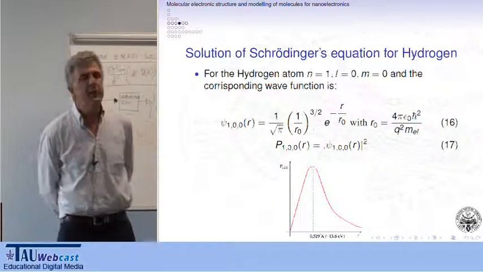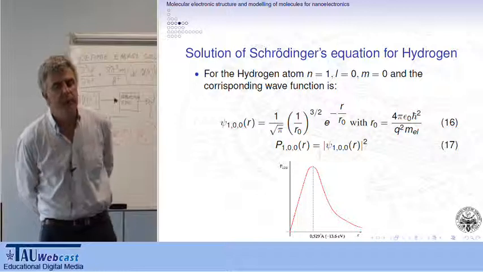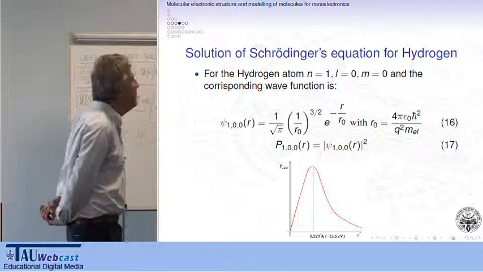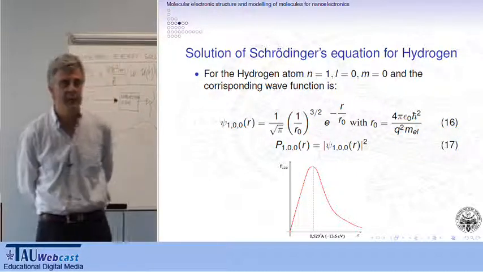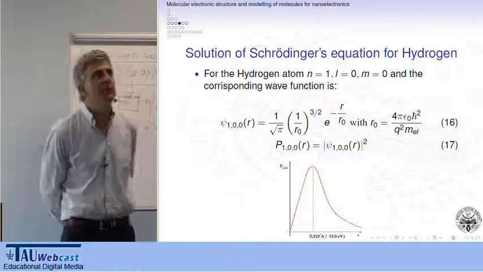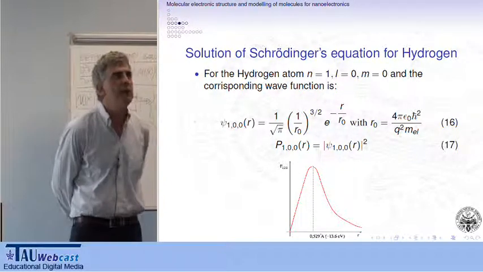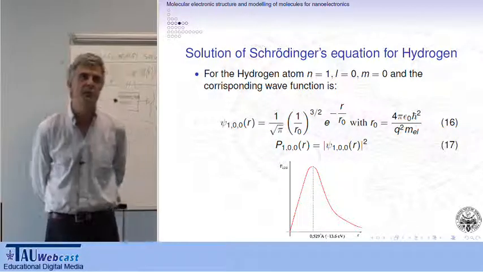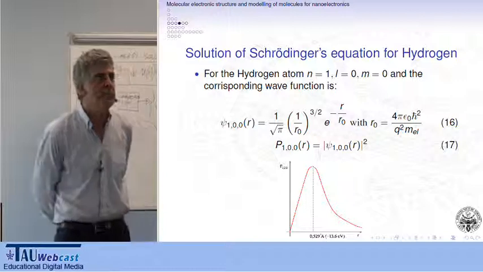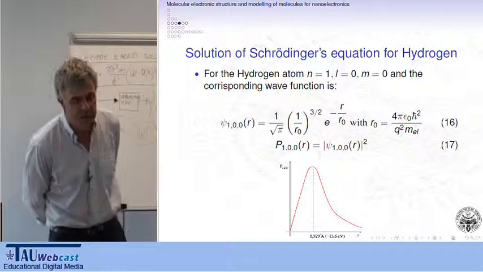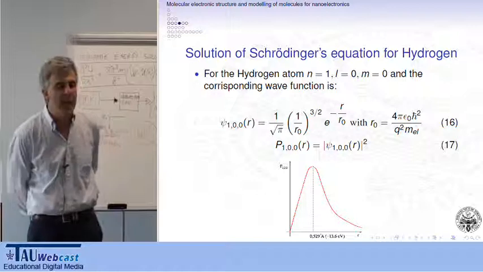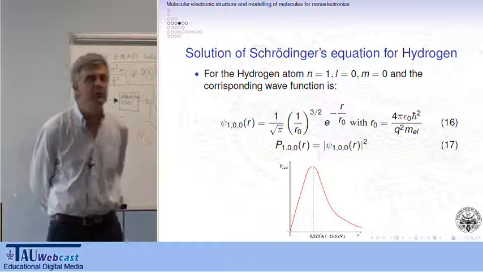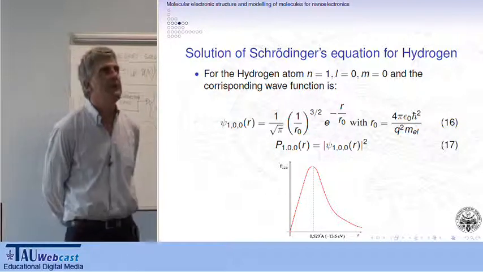For instance, the hydrogen atom has just one electron and one proton, and the function can be defined mathematically as psi with the three quantum numbers 1, 0, 0. If you substitute these three numbers in the general expression for the waveform, you get that mathematical function. That function describes the wave function for the electron in the system.